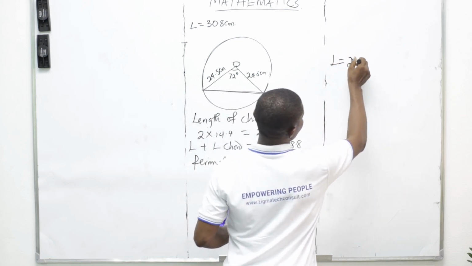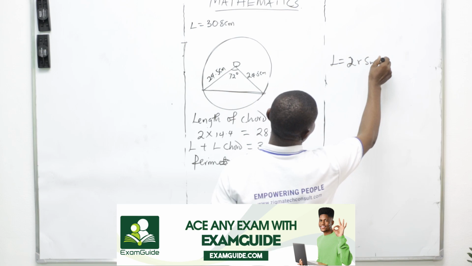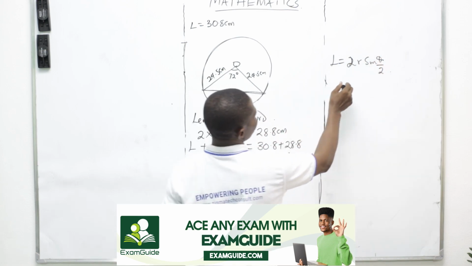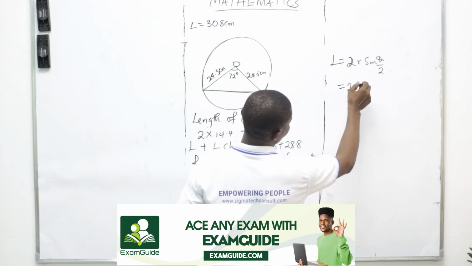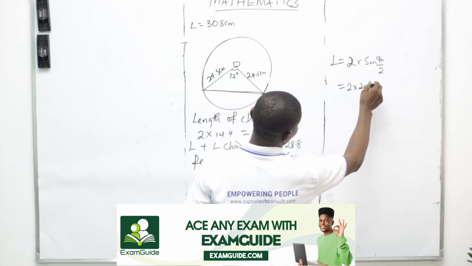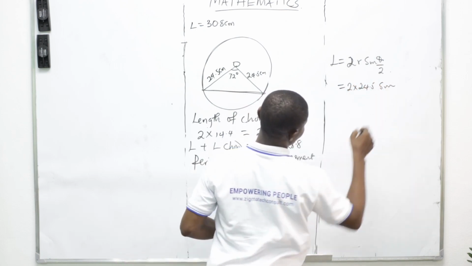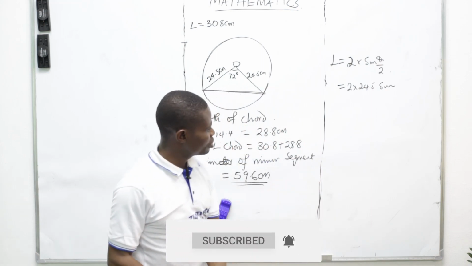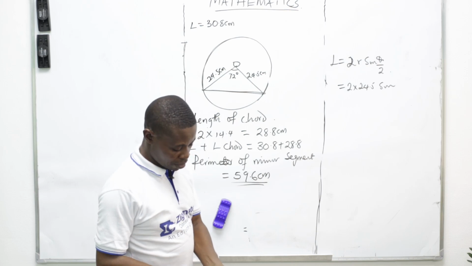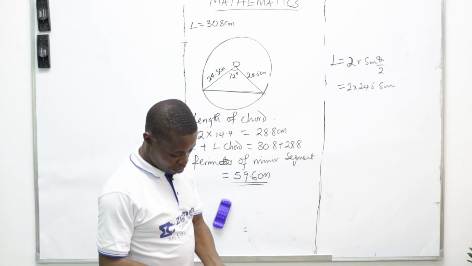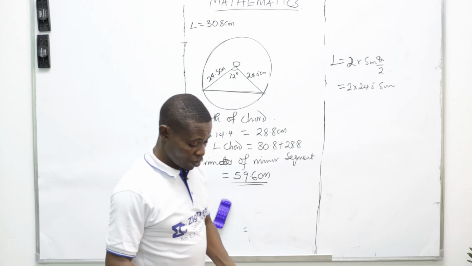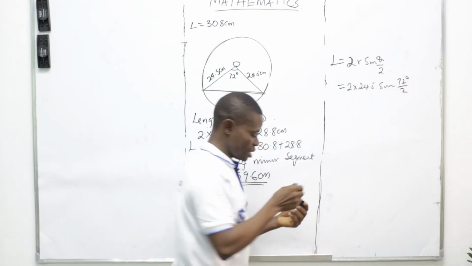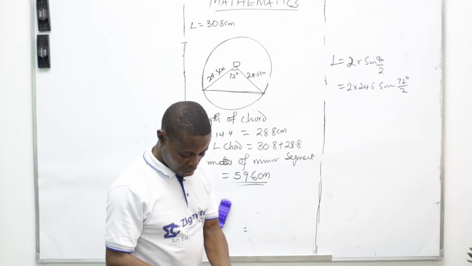But if you're not okay with this formula, there's a formula for length of chord, that is L equals 2r sine theta all over 2. This will give us 2 times 24.5 sine 72 degree all over 2, that is sine 36.